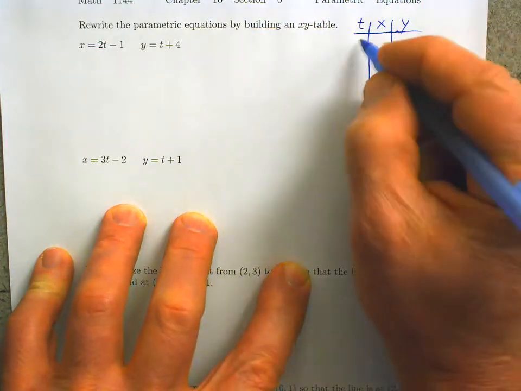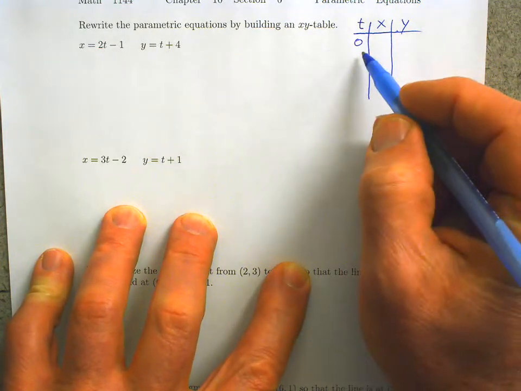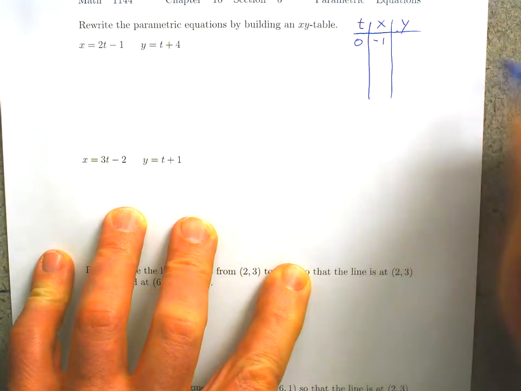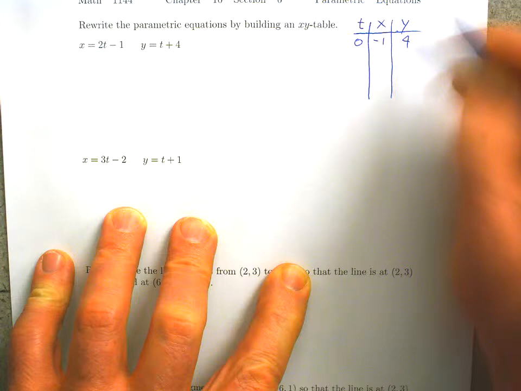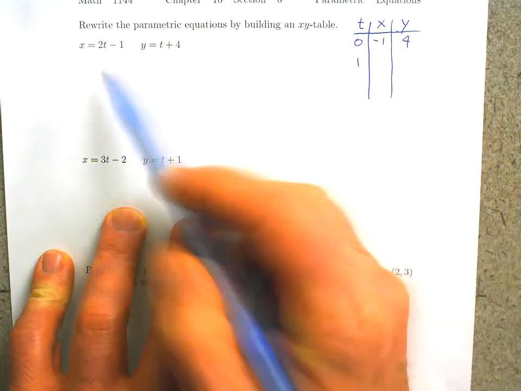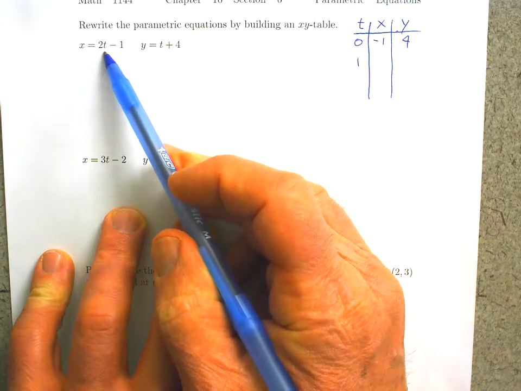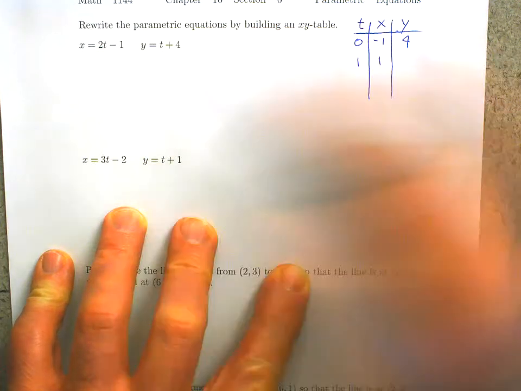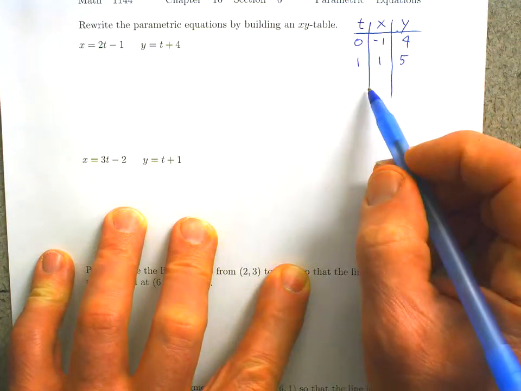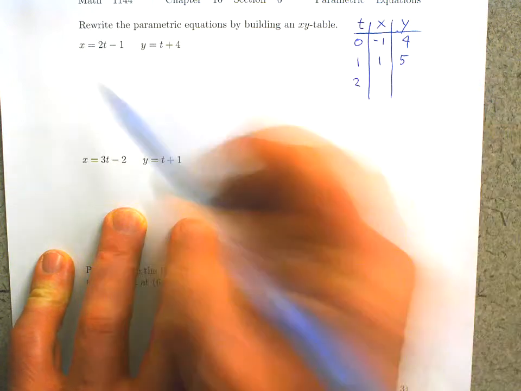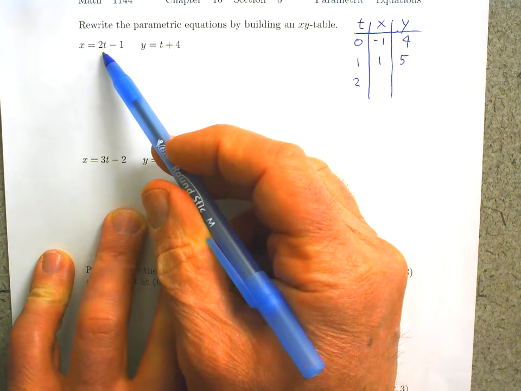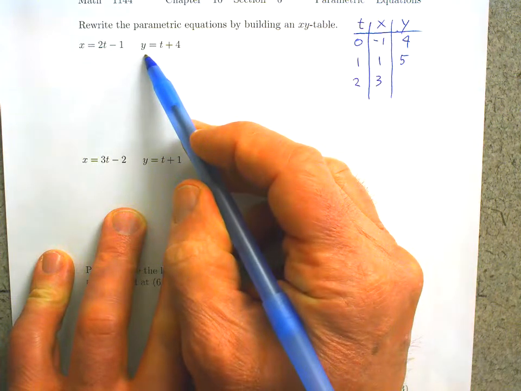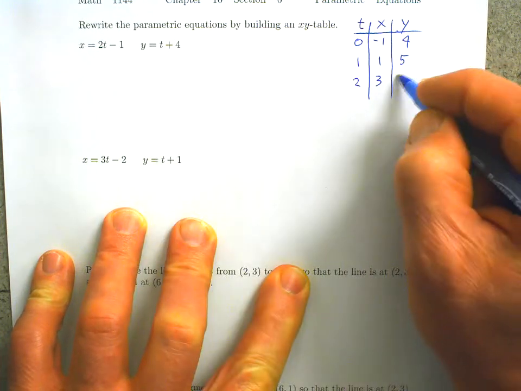So let's just start with t equals 0. When t is 0, x is -1, and y is 4. When t is 1, the x-coordinate is 2 minus 1 or 1, and the y-coordinate is 5. When t is 2, the x-coordinate is 2 times 2 minus 1 is 3.